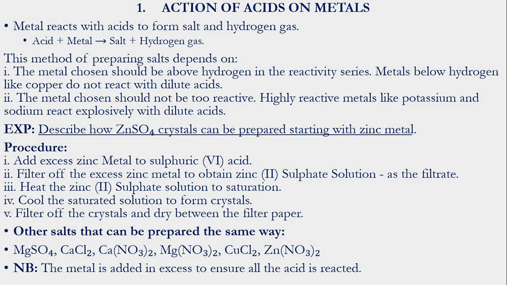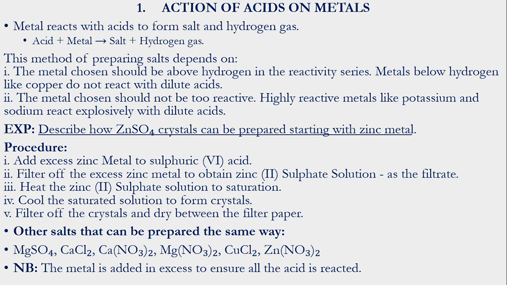So you must know the reactivity series so that you know the metals that can be reacted with acids. All those metals that are above hydrogen, including zinc, lead, magnesium, calcium, can be reacted with an acid to give us a soluble salt.